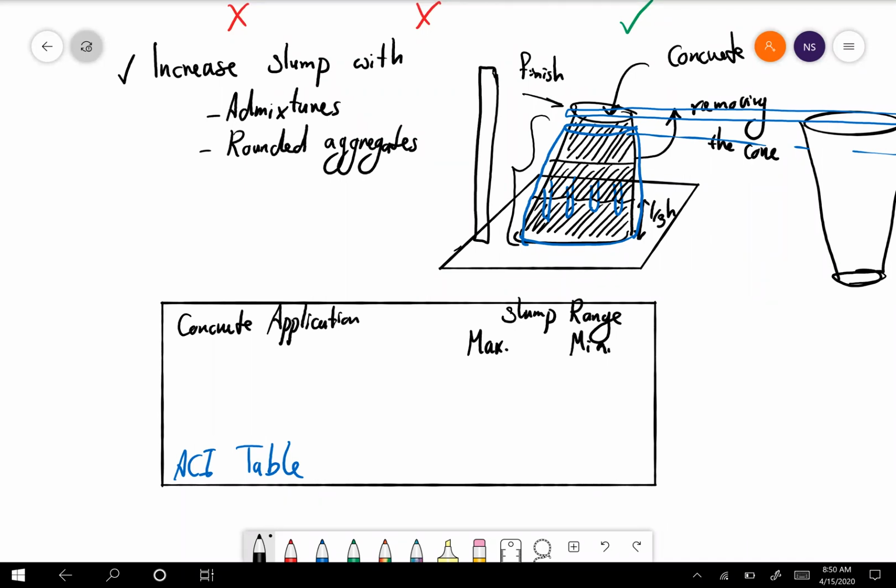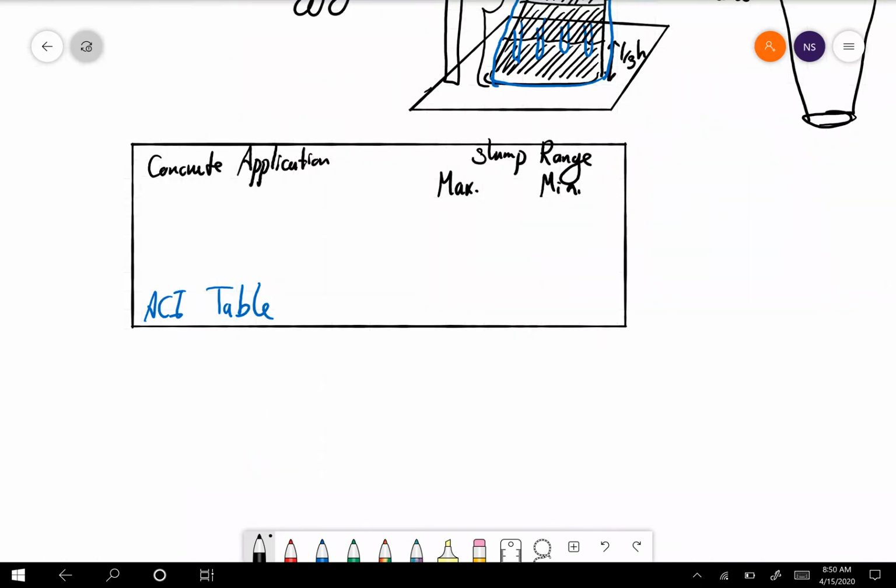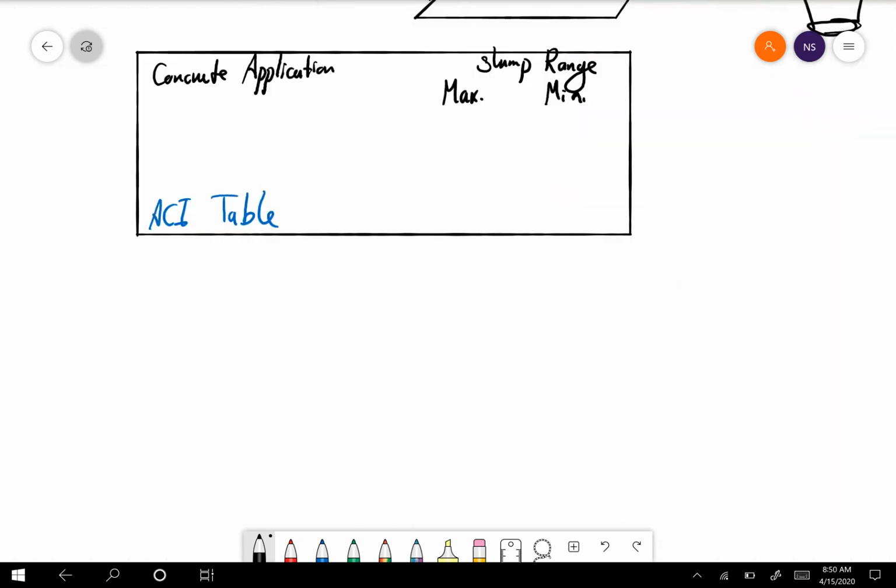I'm going to put that up here, and then the next step is water content, which we can go over next session.